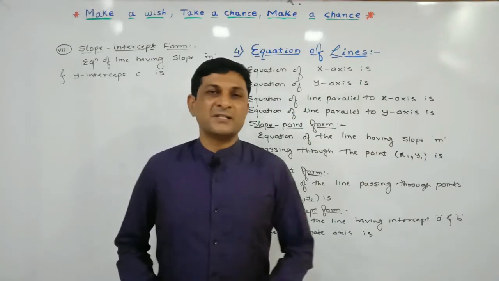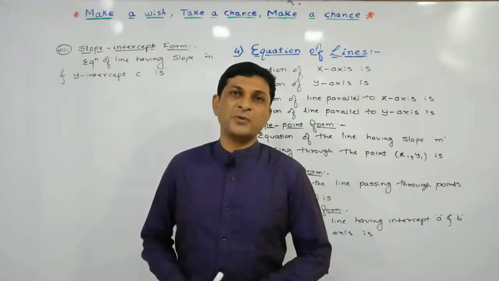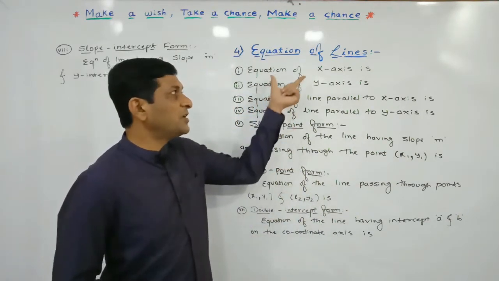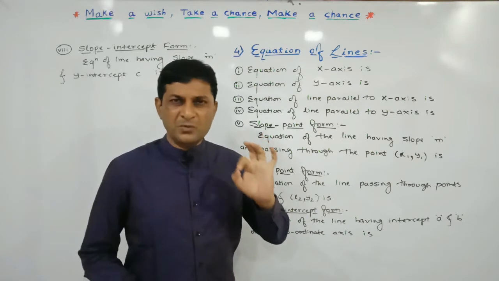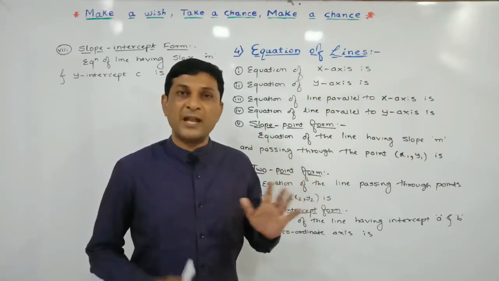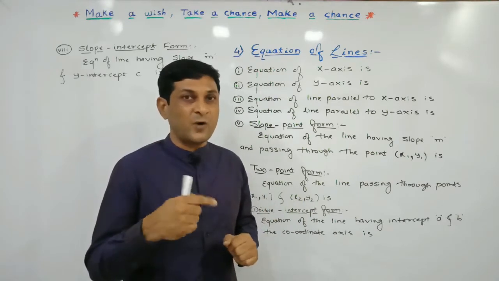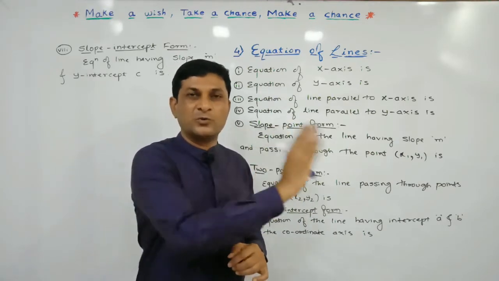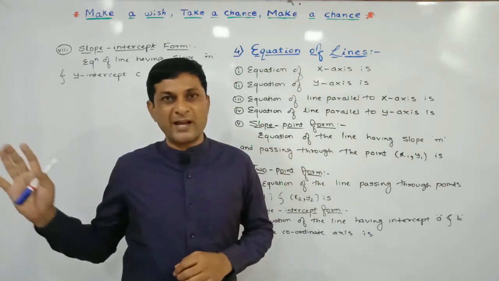Now let us discuss some important formulas to find the equation of lines. Let us begin with the equation of the x-axis. We know that for every point which lies on the x-axis, the y coordinate is 0. The x coordinate may vary: 0, 1, 2, 3, 4 or minus 1, minus 2, minus 3.